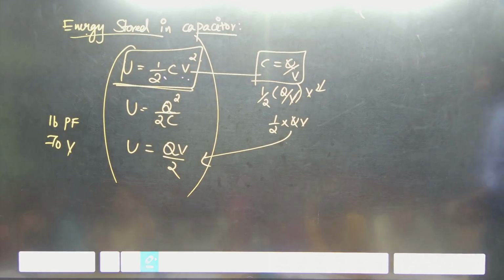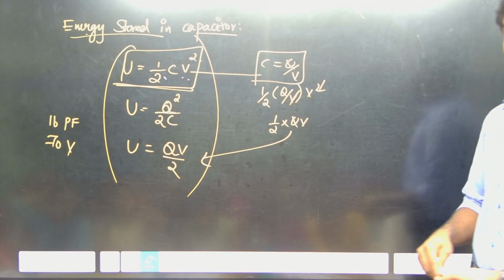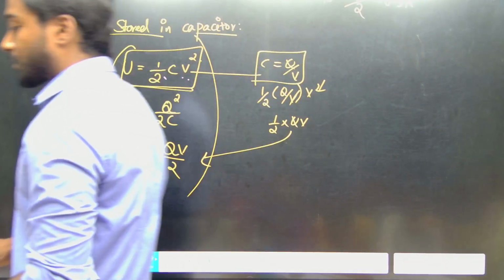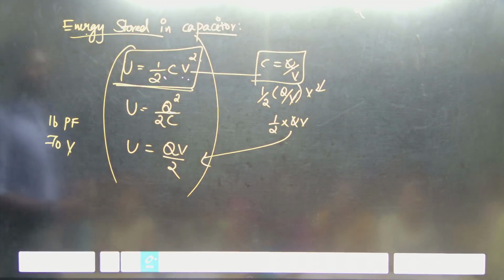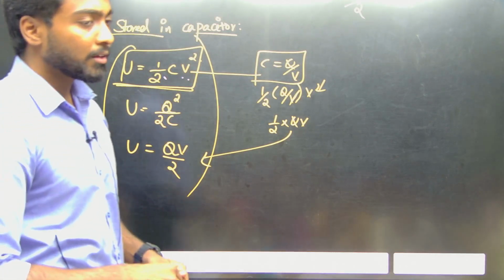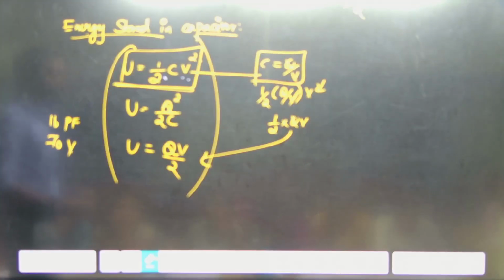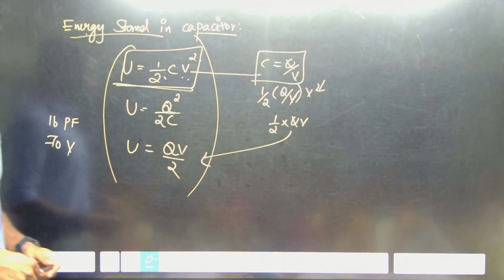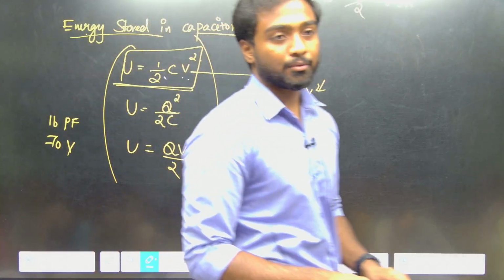Okay. Can you give the answer for this question now? What is the formula for the energy? U is equal to half of CV square, Q square by 2C, QV by 2. What are the things they have given? C and V they have given. Which formula can I use? First one. So take the formula and give the answer for this question first.